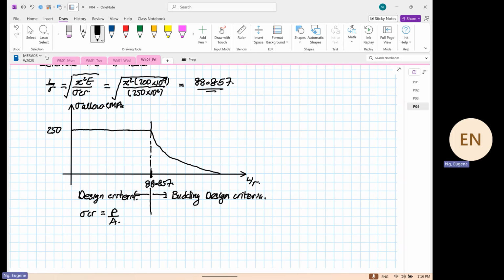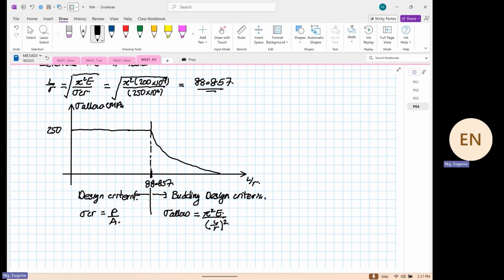Where you have your stress allowable equal to pi squared E over L over R squared. So on your left-hand side, if your L over R is less than 88.857, you don't need to consider what?